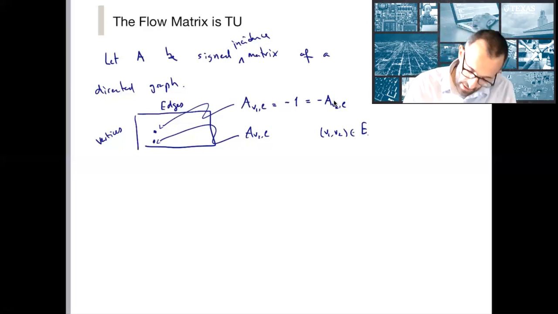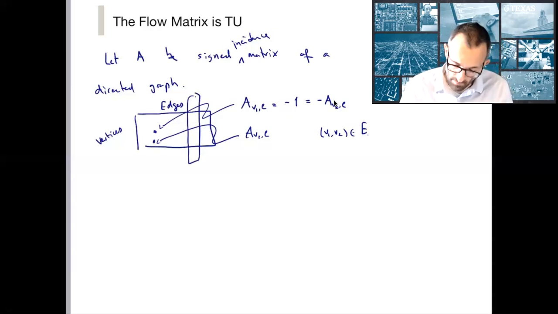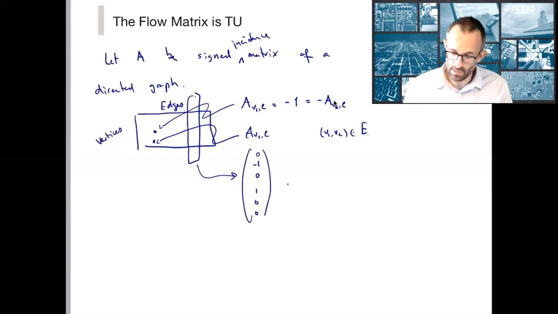So that means that if I look at a particular column, this column is going to have zeros and a 1 and a minus 1. So a generic column is going to look like this.